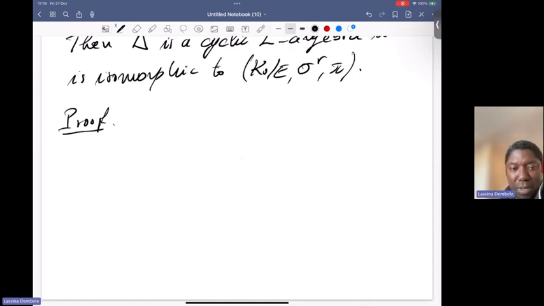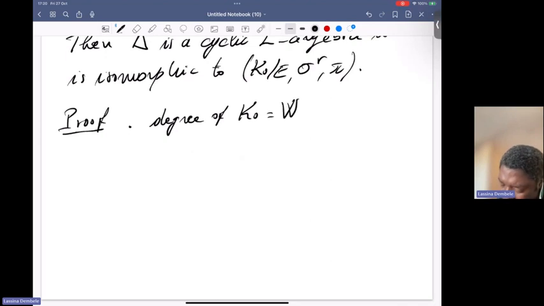Okay. So recall, the first thing I want you to recall is that the degree of K0, which as I said a few times is the field of fractions of the Witt vector ring, the degree is n, right?